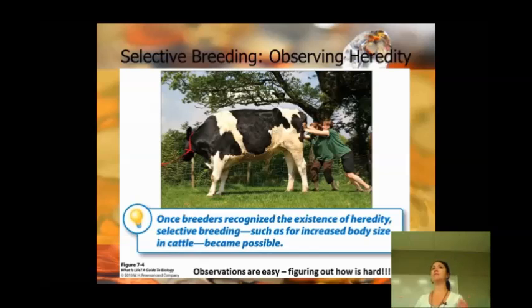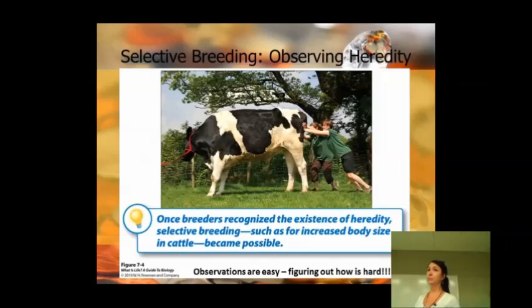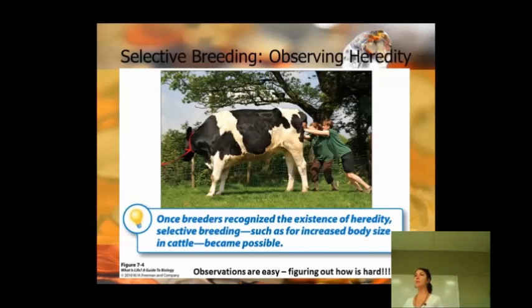But we as humans have begun to mess with that over time, where we've come through and done selective breeding or artificial selection, and we choose for the traits that we want in our livestock and in our agriculture. And so once breeders were able to figure out if we breed a cow with these genes, with a bull that has a different set of genes, we can get this specific set of traits. So like in this cattle, they're looking for increased body size, because the more meat that you have on an individual, the more it's worth to you as a farmer.